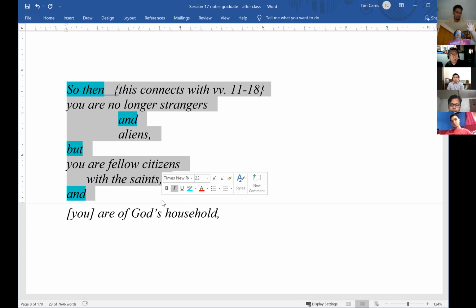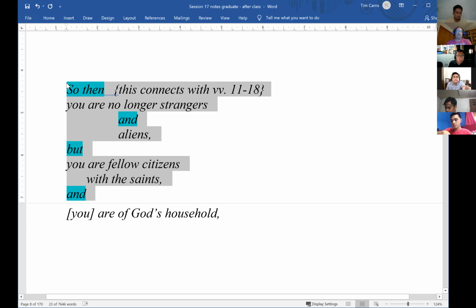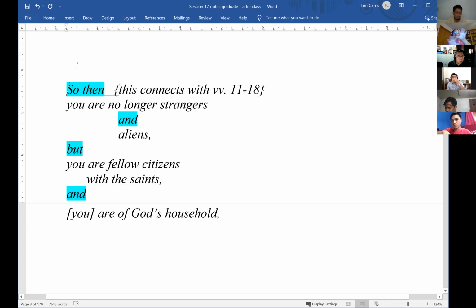In verses 11 to 18, the discussion was that you were formerly separate from God, but now you're brought near in Christ. Formerly you were an alien and a stranger, not even part of Israel. Now you're fellow citizens with the saints. So this paragraph introduced by "so then" is subordinate to the paragraph that came before.